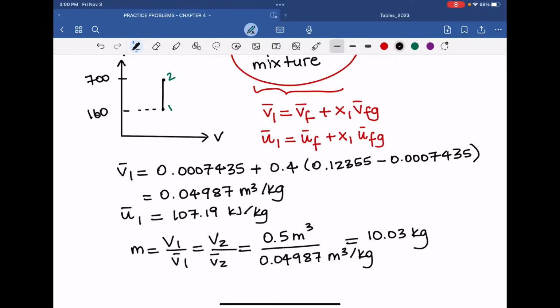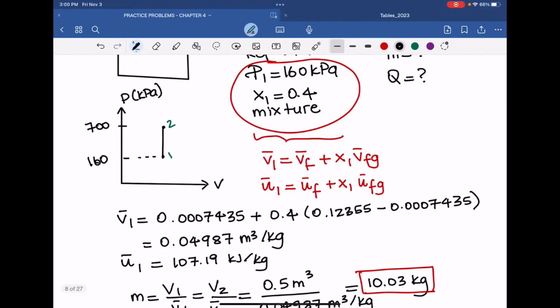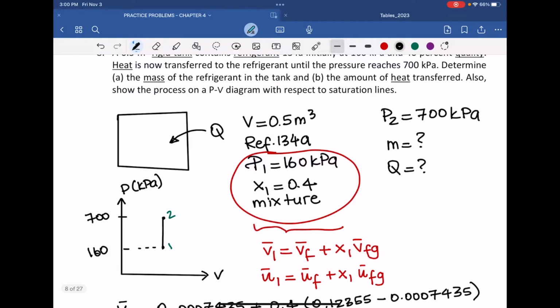So if this is our mass, the next thing is we can use that, and they already asking for this value and we found it, but we will also need it in the energy balance, because in the energy balance, remember, heat is getting in and changing the internal energy, and they're asking for that heat interaction.